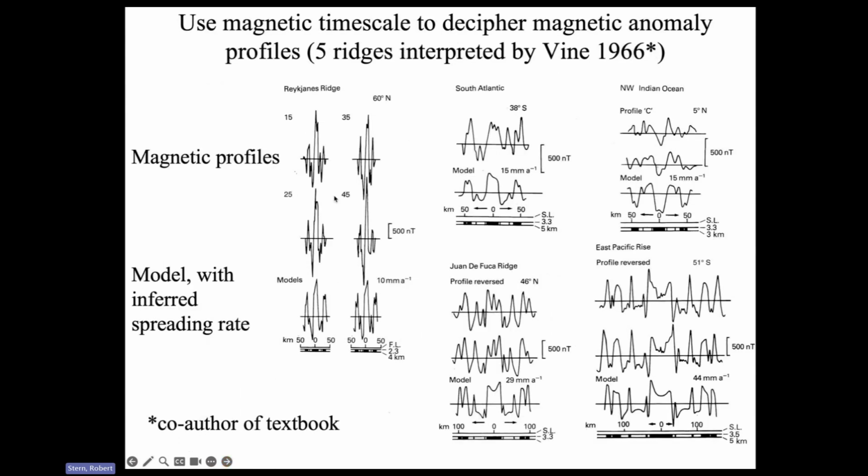So here you can see the spreading rates, 10 millimeters per year, 15 millimeters per year, 15 millimeters per year, 29 millimeters per year, 44 millimeters per year, right? It's the exact same magnetic sequence, and whether it's compressed or expanded is simply how fast that spreading is occurring. So you get a lot of interesting information from these kinds of studies.